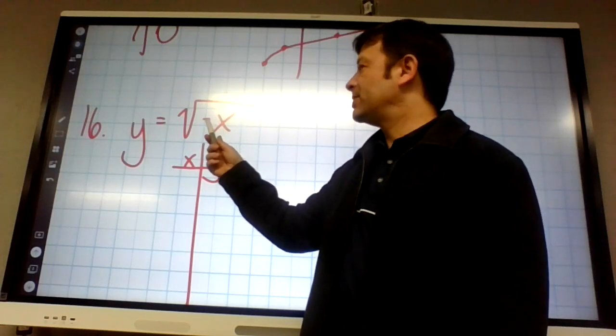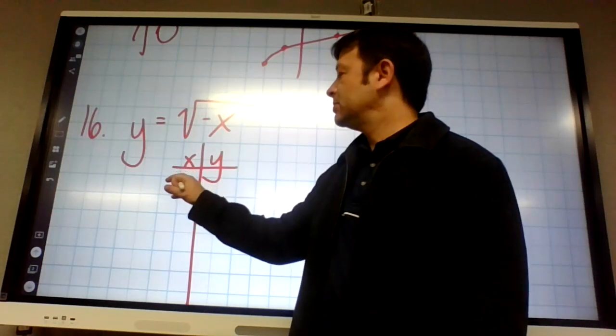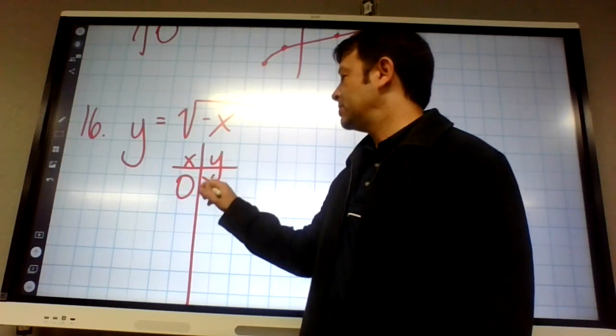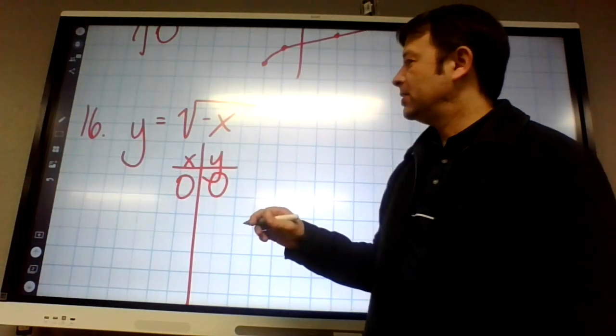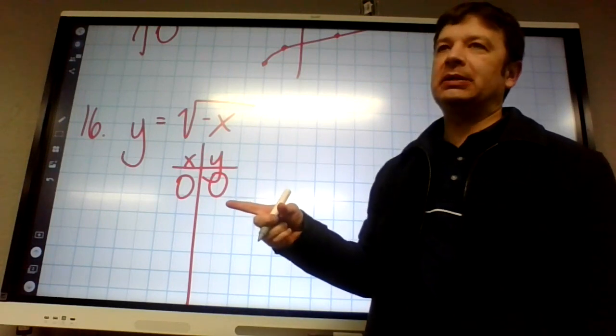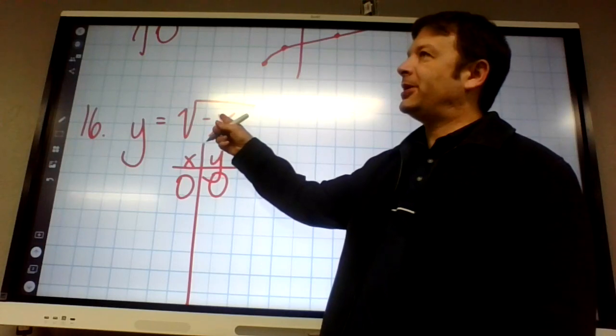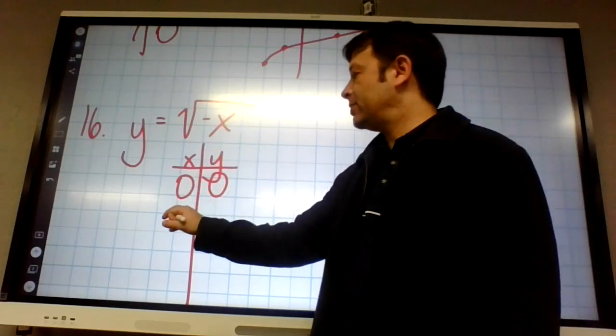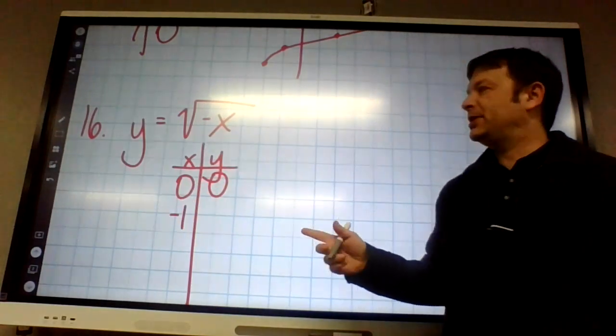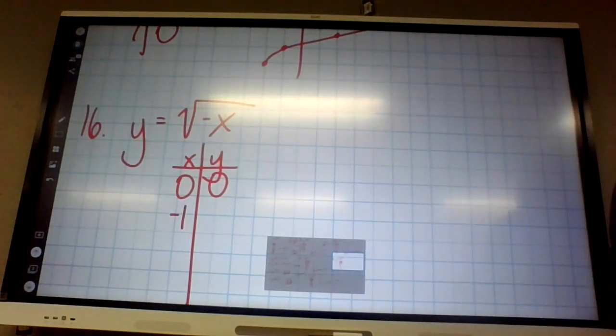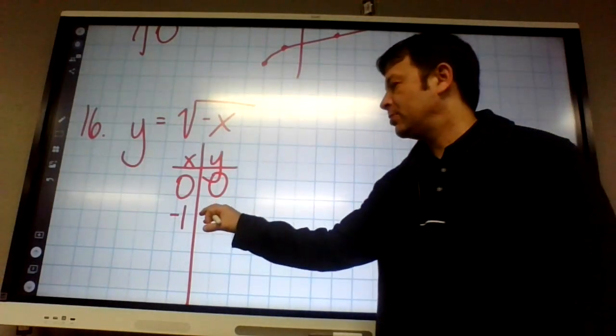What's -0? 0. What's the square root of 0? 0. Yeah, 0 works. Does 1 work? No, because that would be a -1. So what do I need to use instead of +1? -1, because -1 becomes +1, and the square root of 1 is 1.